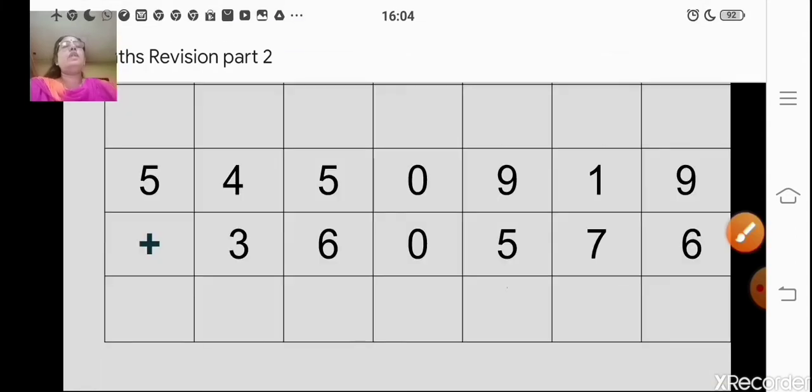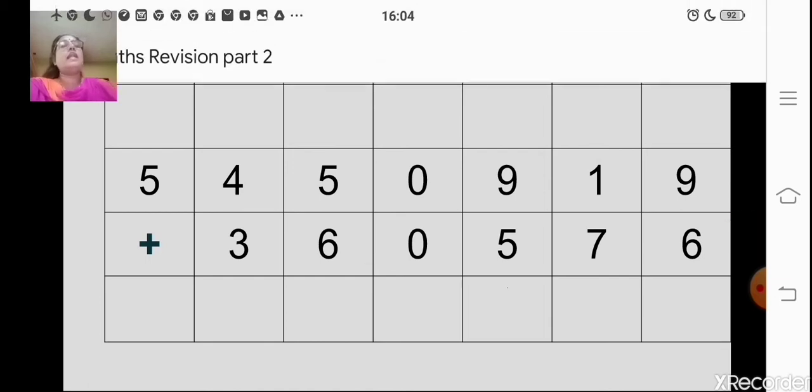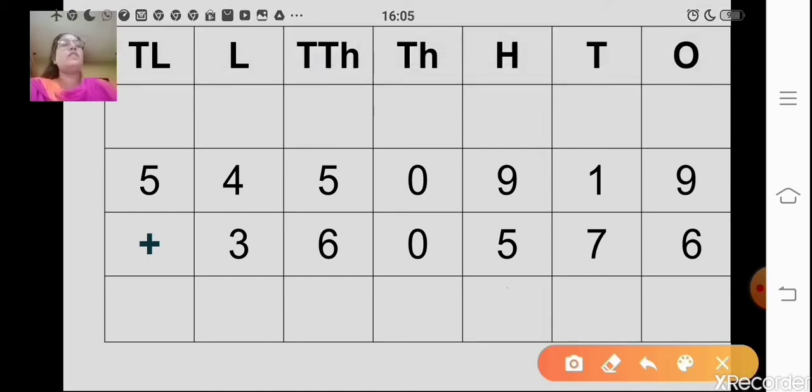Now we have also done addition with carry over. In this slide, there are two addends which are to be added. Starting from the ones place, 9 plus 6 is 15, where you will carry 1 to the tens place. 1 plus 1 is 2, 2 plus 7 is 9.